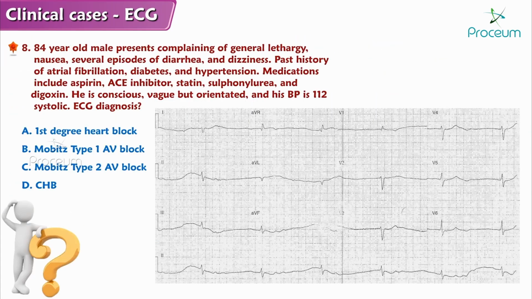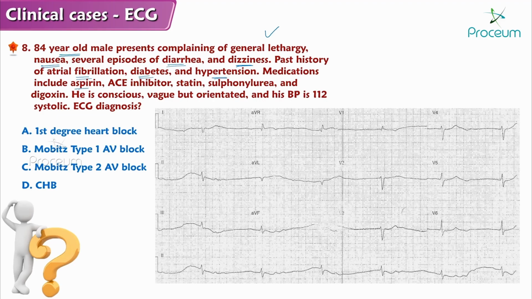So, if you take the other clinical scenario, we have an 84-year-old male complaining of general lethargy, nausea, and there are also several episodes of diarrhea, dizziness. Past history of atrial fibrillation, diabetes mellitus, hypertension is present.